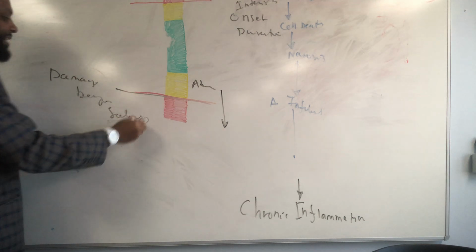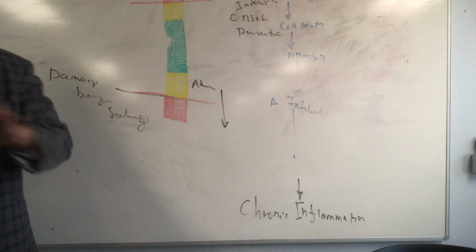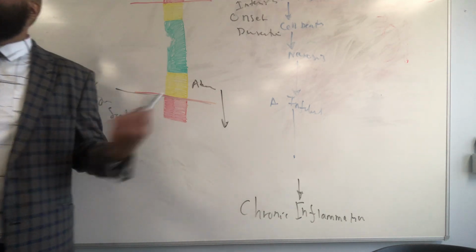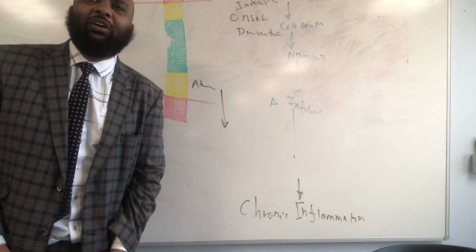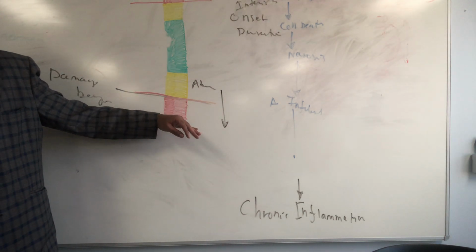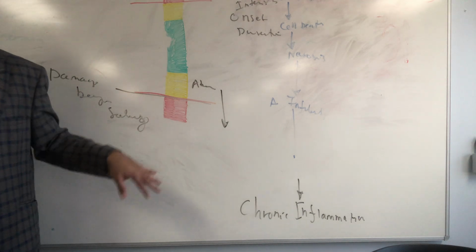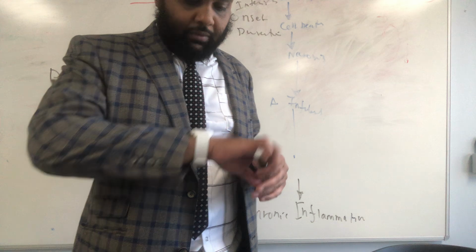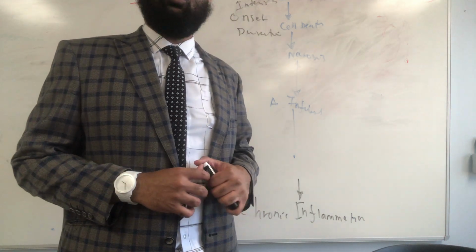You cannot save it. It's damage beyond salvage. Then you move on to chronic inflammation, and healing is going to be healing by fibrosis, scar tissue formation. Things are going to get really bad after the point of damage beyond salvage.